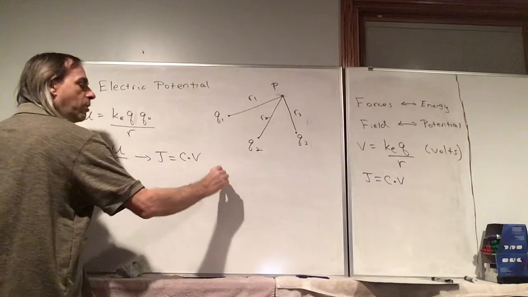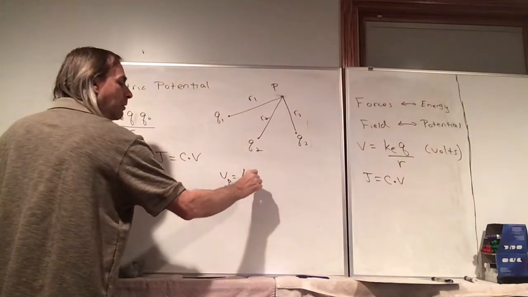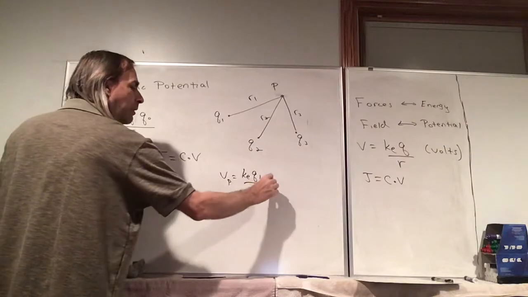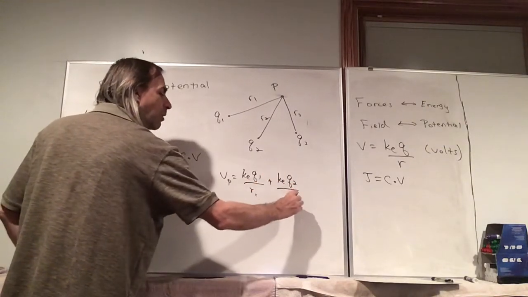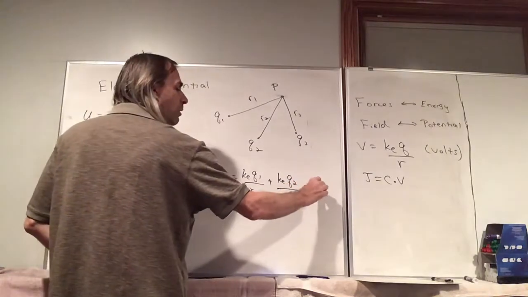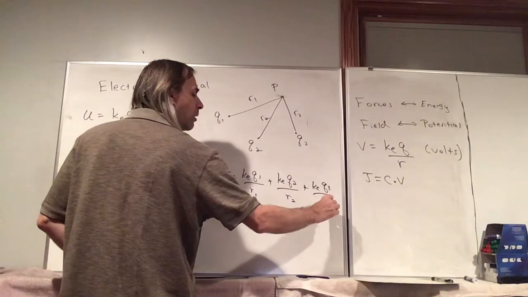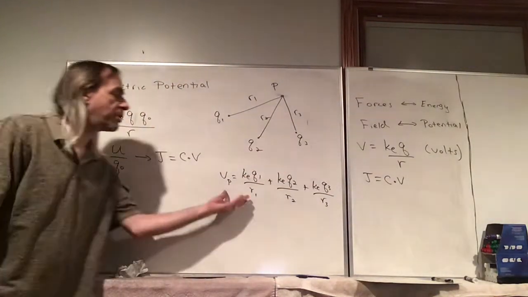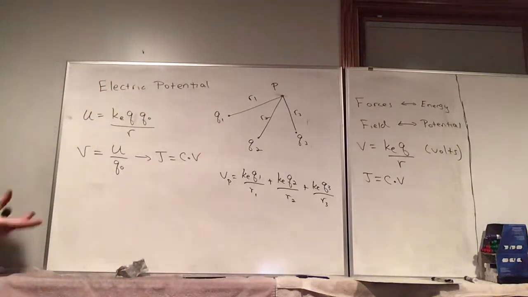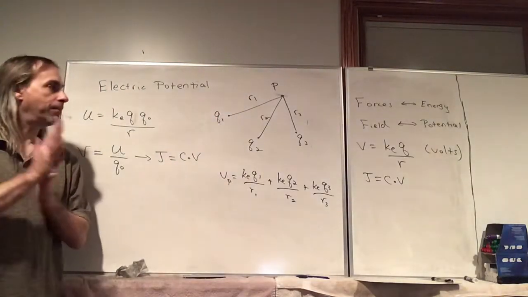Then the potential at P would be KE Q1 over R1 plus KE Q2 over R2 plus KE Q3 over R3. So every charge contributes this KE Q over R to the potential at any point.